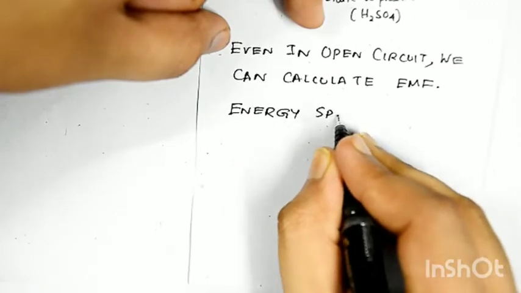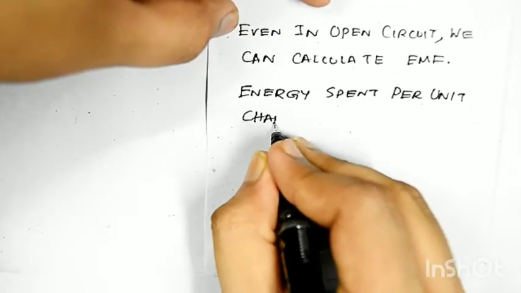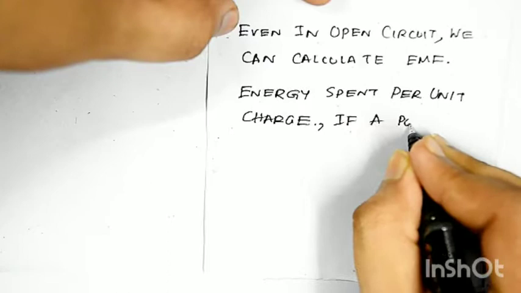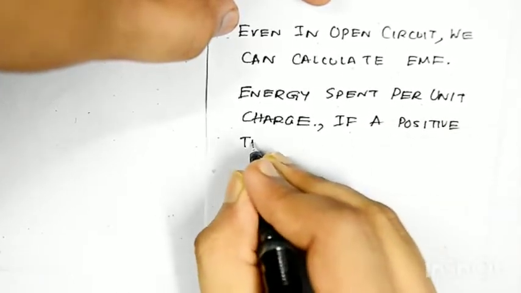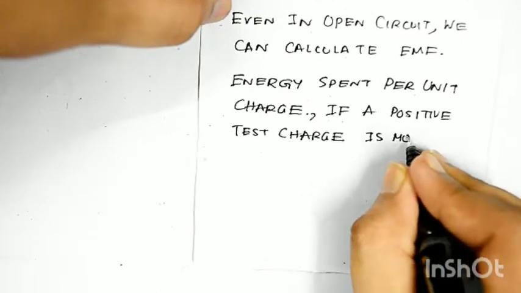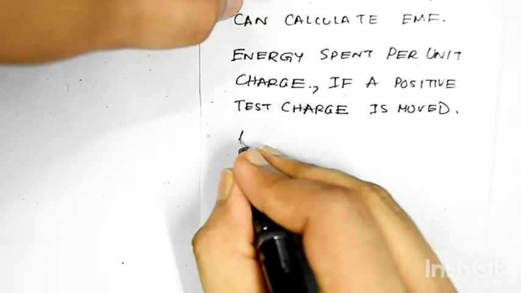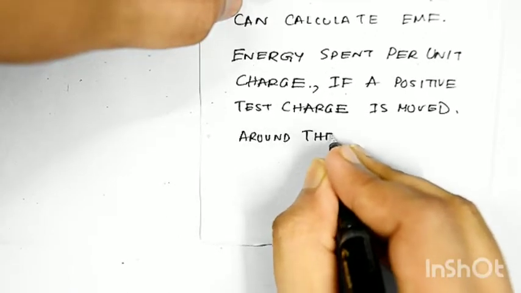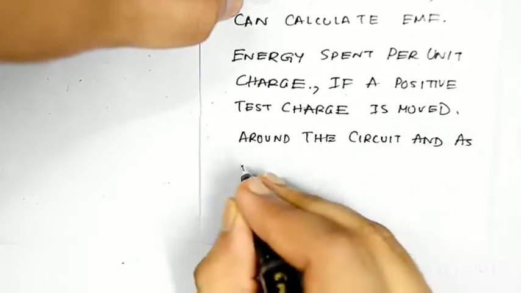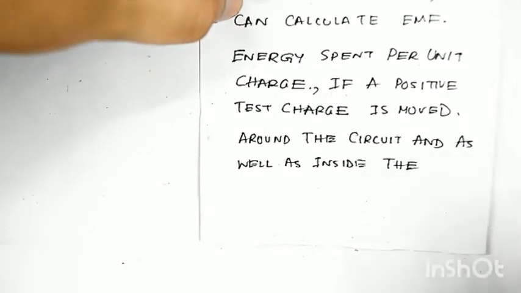It is the energy spent per unit charge if a positive test charge is moved around the circuit as well as inside the electrolyte of the cell.